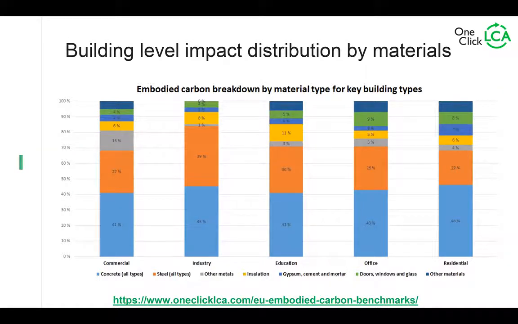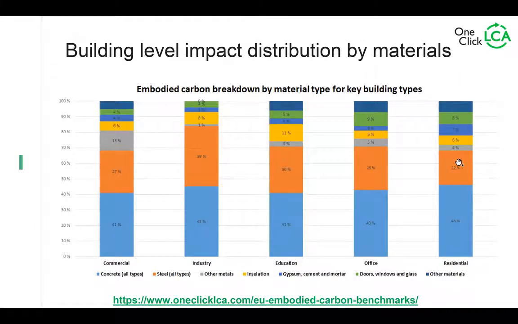Then insulation. The insulation shares here reflect building volume from the EU, so this is a data set which is EU specific. If you are in a different climate, you may not have a similar share of insulation. Then we have doors, windows, and glass. And as you would expect, windows are used in all building types, slightly more in office buildings, which tend to have these curtain walls.